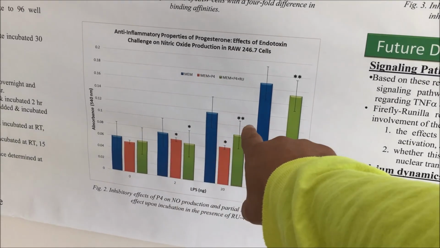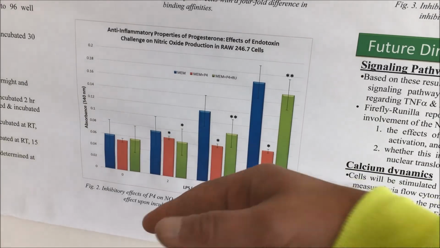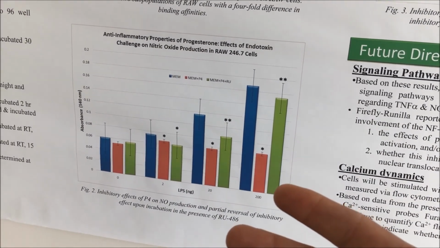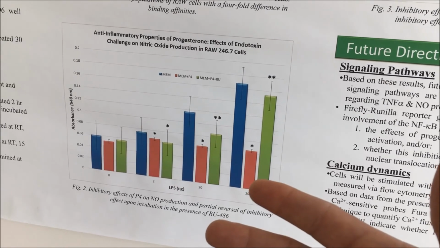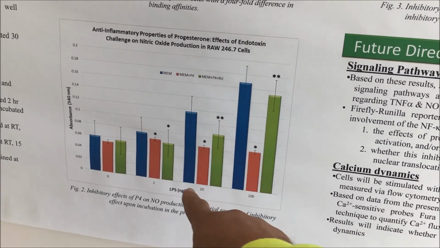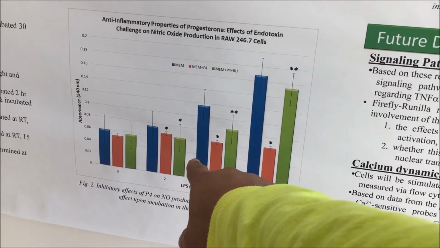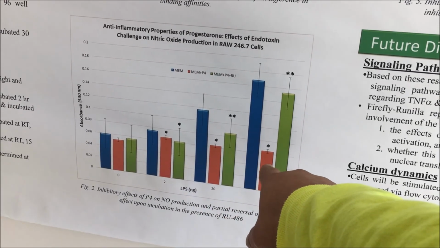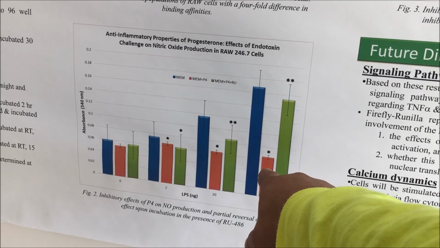The blue bars are the amount of an inflammatory molecule that these cells produce. The red line is when I incubated the cells in progesterone, and you can see they make less.